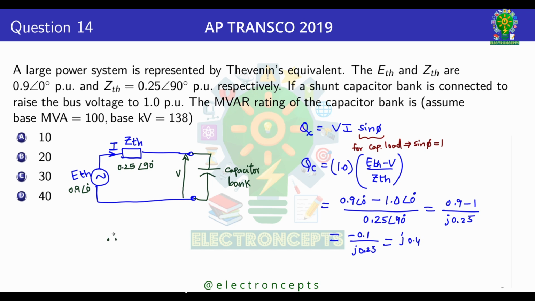From this, the required MVAR rating of capacitor bank is reactive power to be supplied by capacitor bank QC multiplied with base MVA, which is equal to 0.4 into 100, which is equal to 40 MVAR. Therefore, option D is correct.